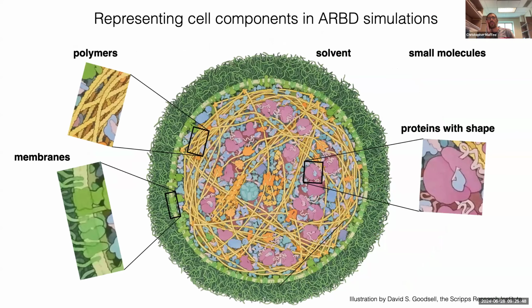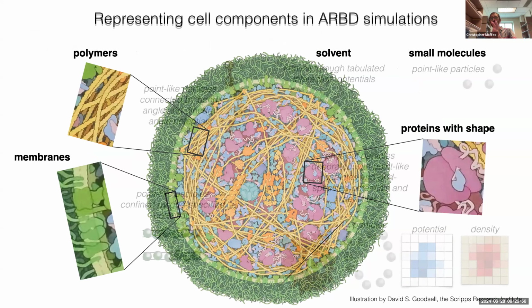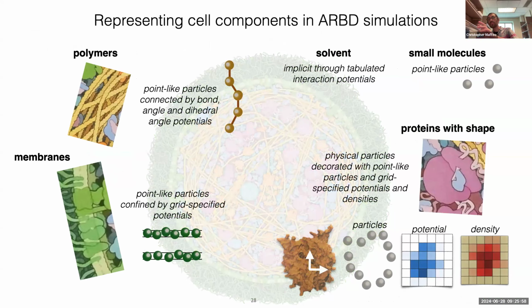With regards to the components of a cell, ARBD can help us model polymers with point particles, proteins that have some globular shape, and these rigid body objects that can be decorated with particles or with density grids. We don't have a great way of modeling membranes at this time.